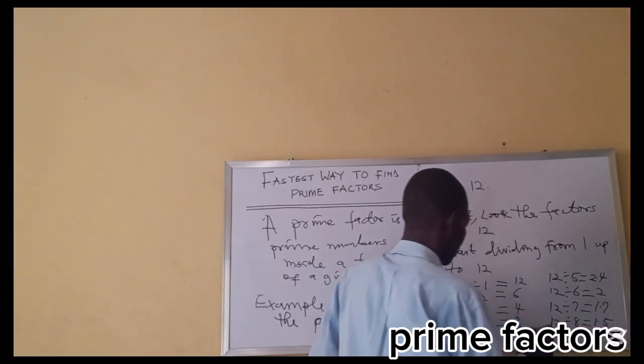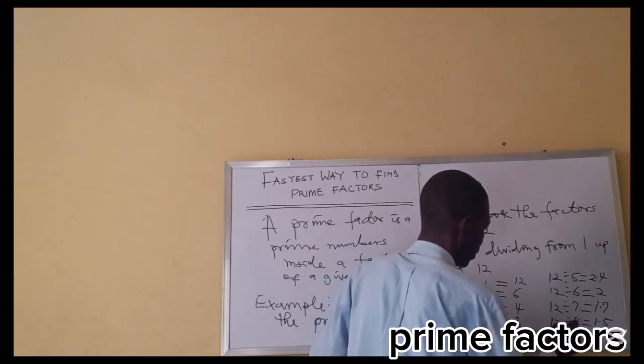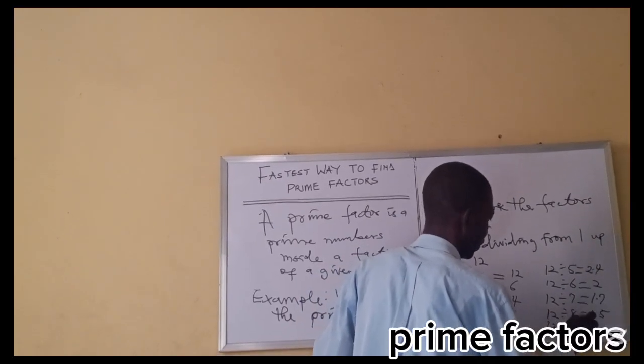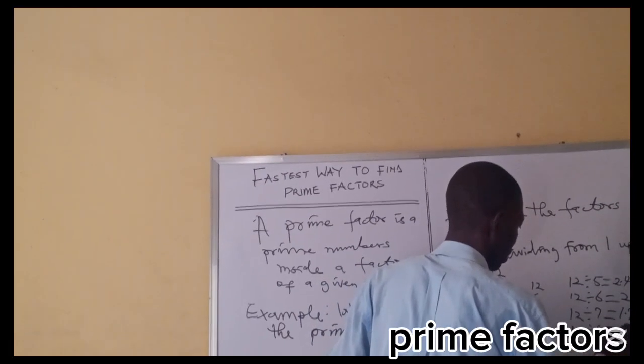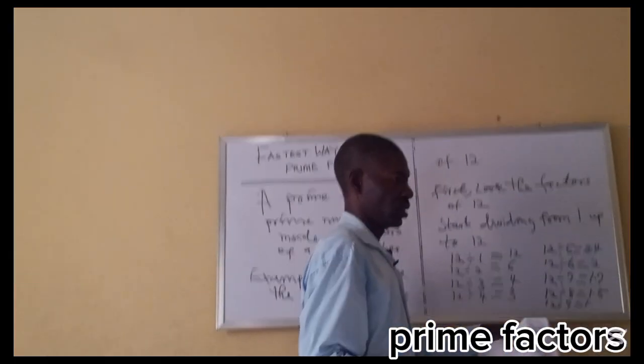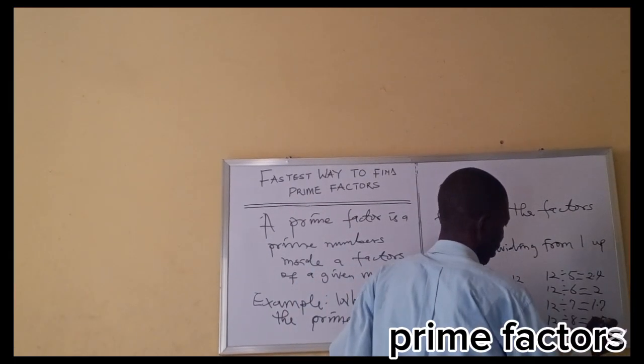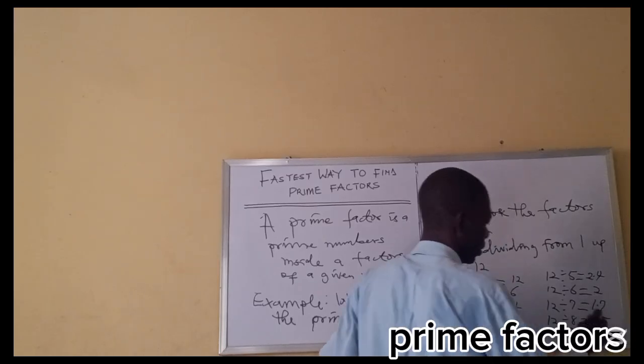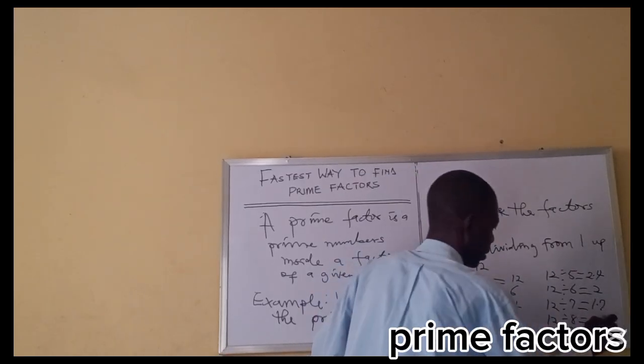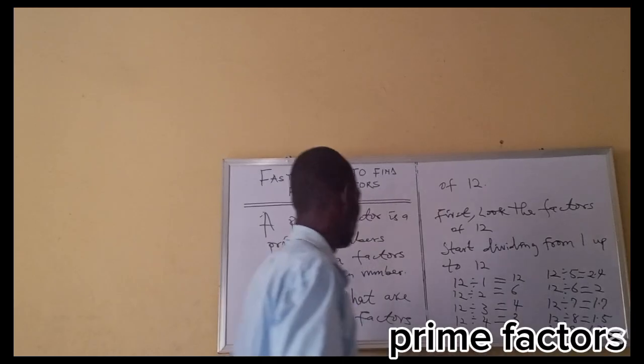So you have 12 divided by 9. This will give us 1 point as well. Remain 3, in 30 that is 3, that is 27. You have 3, 27, 3, 3, and so on.